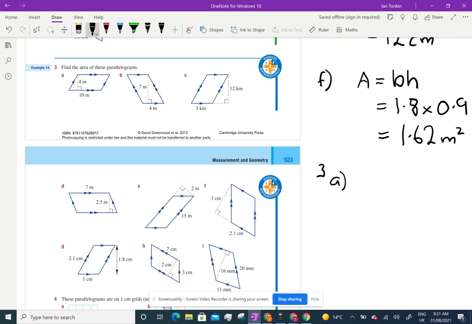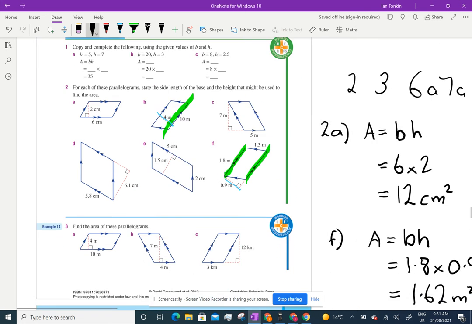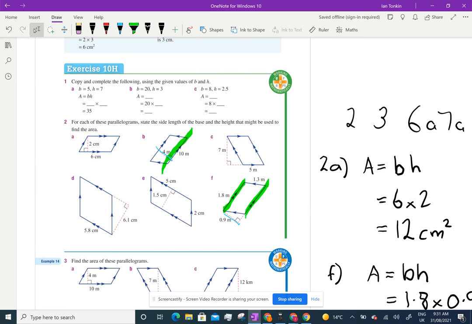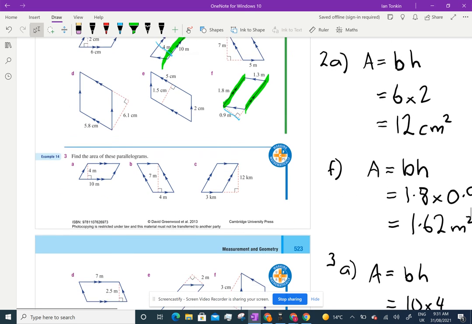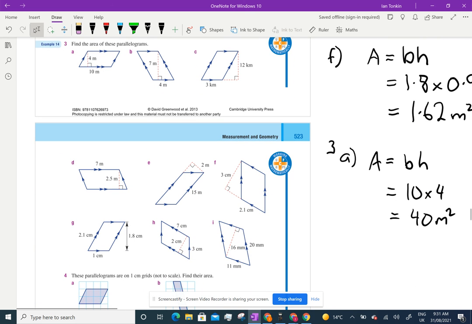3A, what is the base? 10. And what is the height? 4. 10 times 4 is 40 metres squared. Now, I know in question 2 they're asking you to find the base and the height, but we found the area. So it's just good practice. B, C is the same.